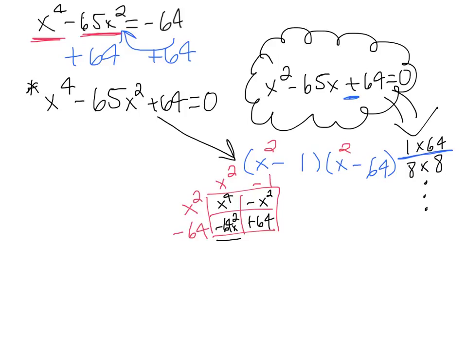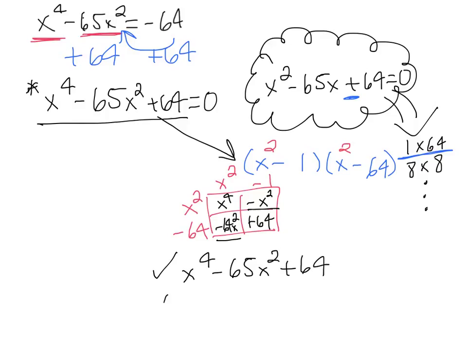These combine to get x to the fourth minus 65x squared plus 64. Does that match my equation up here? It does. So that is actually the binomial that I have. So I have x squared minus 1 times x squared minus 64 equals 0.